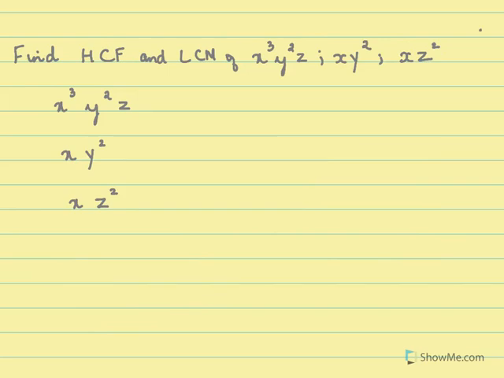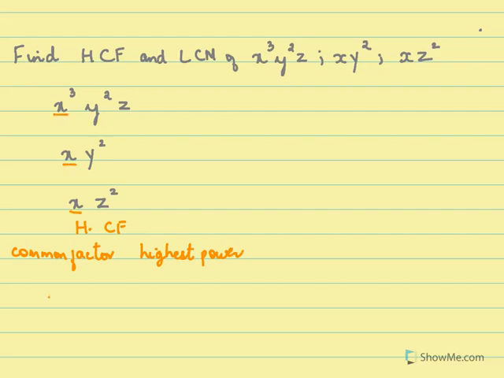Find the HCF and LCM of x cube y square z, x y square, x z square. So first, to find the HCF, we take common factor and highest power. Now which is common?